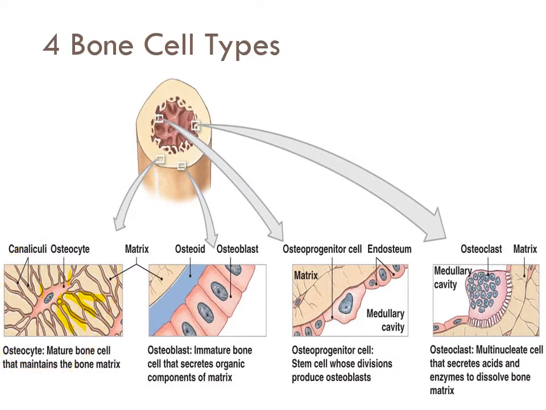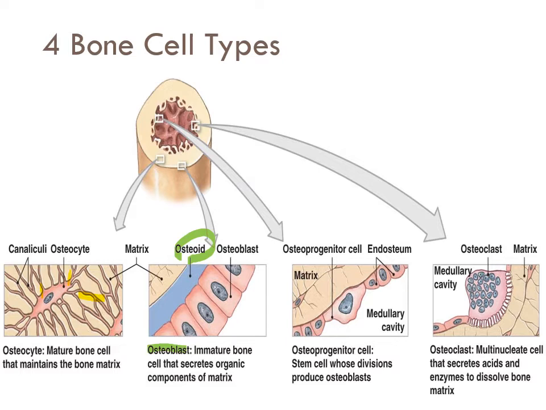The second type of cell is the osteoblast, so that's here. The osteoblast is an immature bone cell that secretes osteoid. This is osteoid here, which is the organic components of the matrix of the bone. So the osteoblast is building bone. Anytime you see blast, you want to think of building.